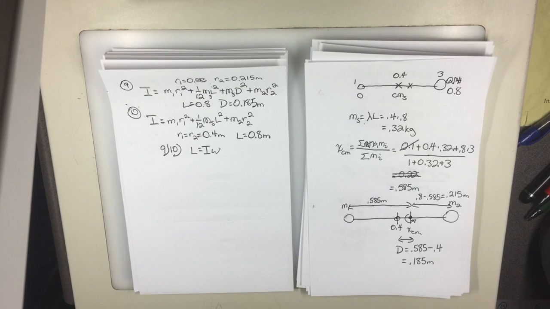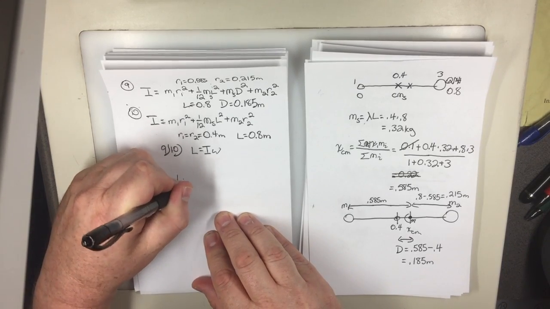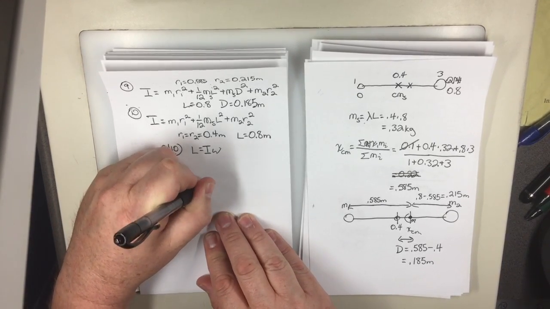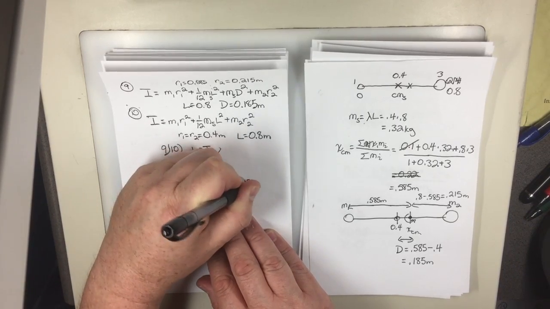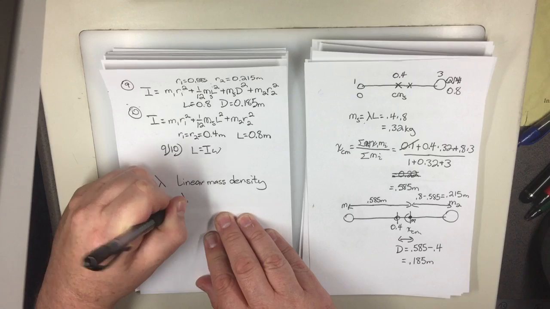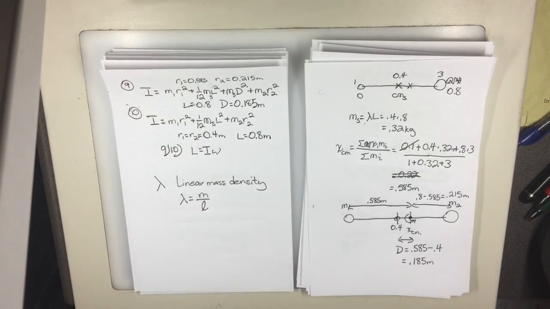Lambda is the linear mass density. It's the linear equivalent of just normal density. There are many ways to express it, but lambda is the one that I typically go with.